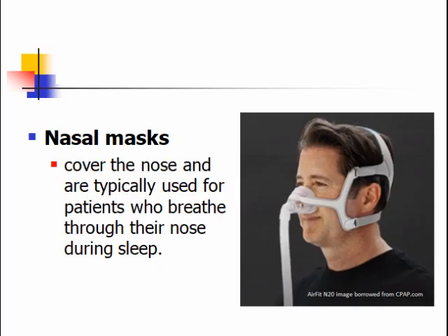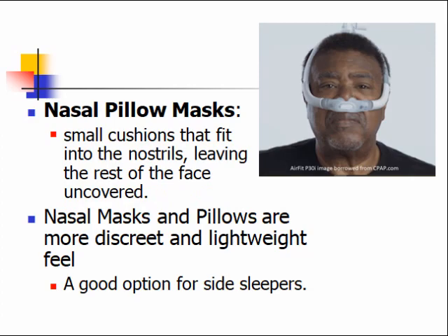It can go down to the CPAP machine, or in some cases they flip it up over the top of the head, and that way when they turn in bed it doesn't get in the way. Nasal pillows are kind of a stripped down version of the nasal mask.